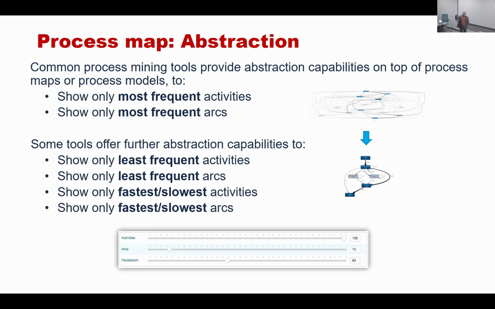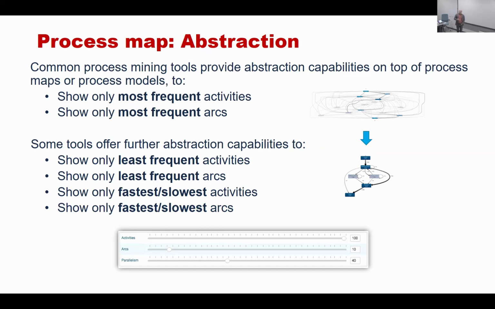So I don't care about the transitions that happen fast. I only care about those that happen slowly. So please hide all these transitions that are happening fast and keep only those that are happening slower. So you have a bunch of options as to what you can hide out of a process map when you abstract it.